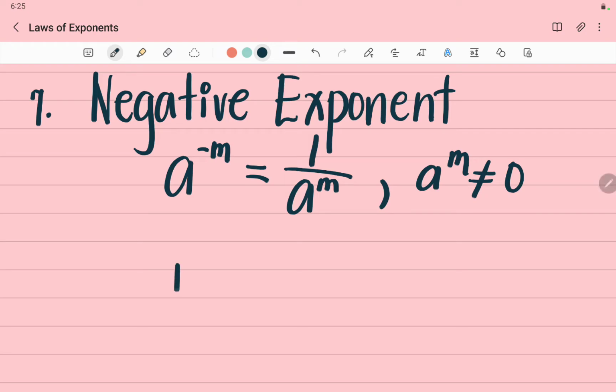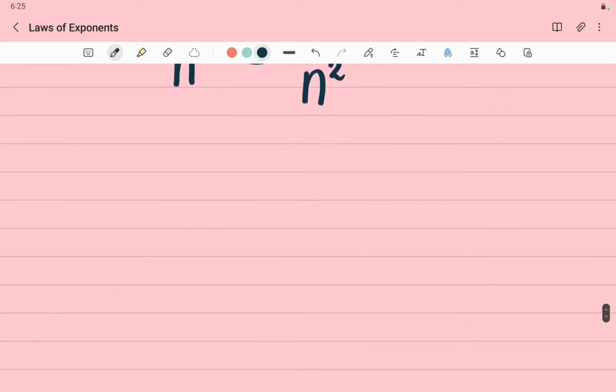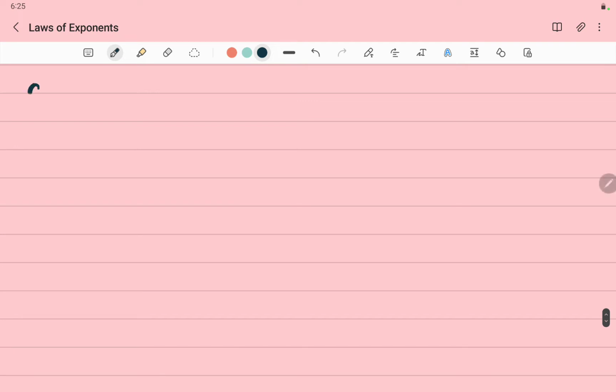For example, n raised to negative 2, the reciprocal is 1 over n squared. Okay? Is that clear, students?